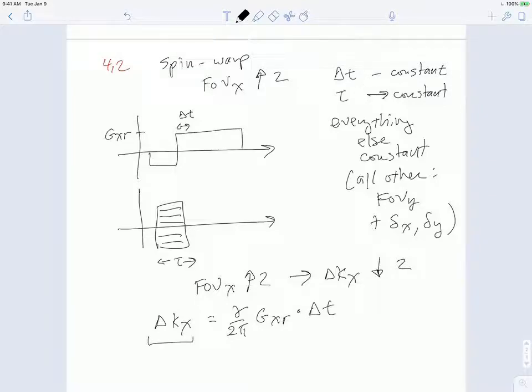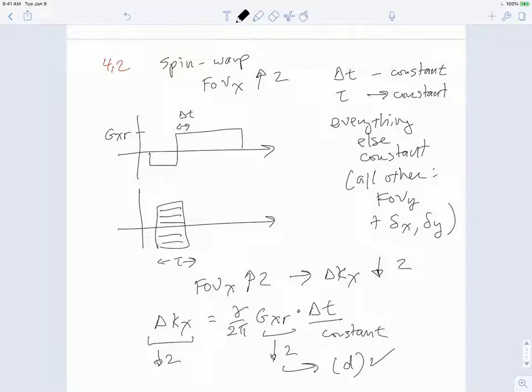This went down by a factor of 2, and this is constant, so this must go down by a factor of 2. So that's choice D. Everyone got that?